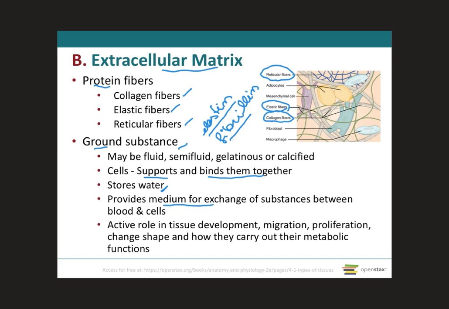Ground substance also has an active role in tissue development, for example, migration of cells, proliferation of cells, and change in shape and how they carry out their metabolic functions.